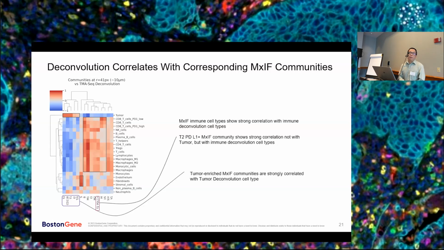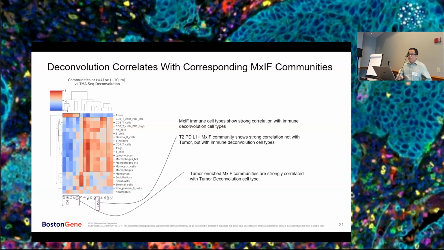For one thing, everybody knows RNA sequencing is a high-throughput analysis where you can analyze the whole transcriptome, but there's no spatial information. On the other hand, if you use MxiF, remember all this data comes from 1 slide or maybe a few slides. Can it be representative? We're not sure. That's why we did this experiment.